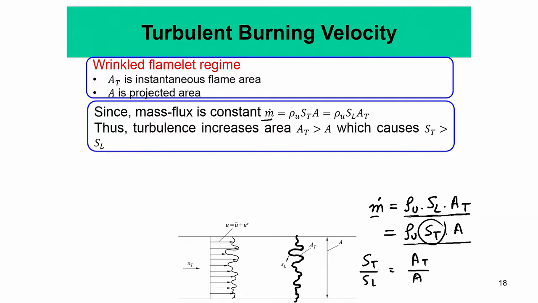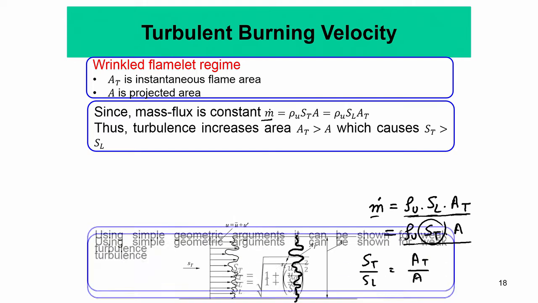If this is statistically stationary, it is the speed at which the fuel reactant is approaching the overall flame surface. Then ST by SL is equal to AT by A. Since turbulence increases the area, AT is greater than A, which causes ST to be greater than SL.